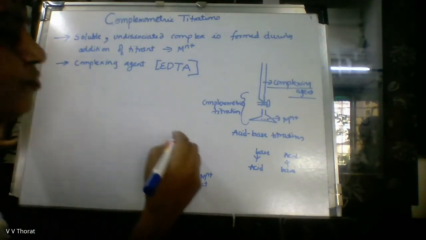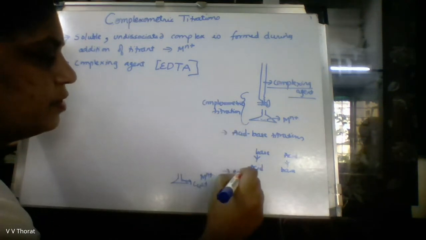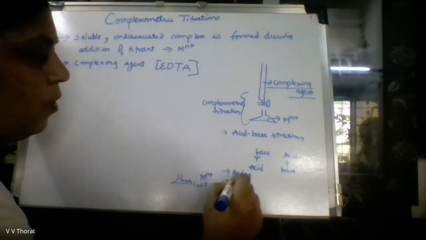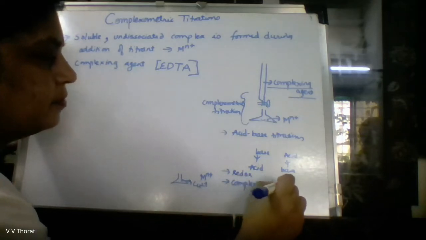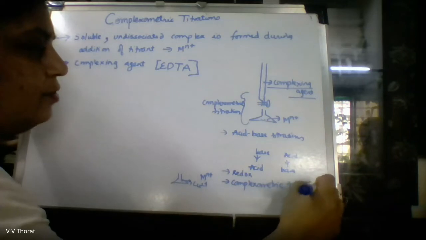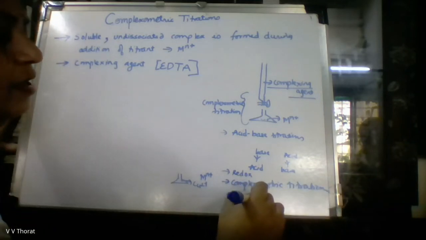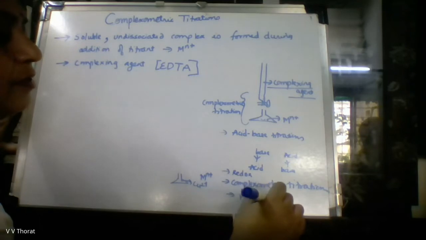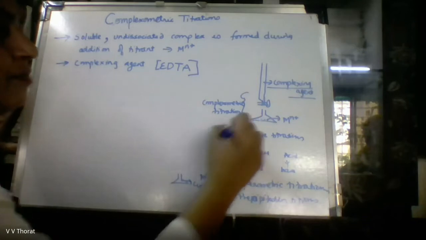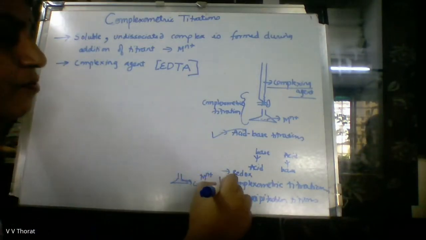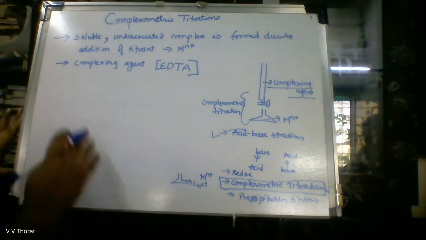You have studied four types of titration: acid-base titration, redox titrations, complexometric titrations, and precipitation titrations. In the last class, we studied acid-base. Now we will be studying complexometric titration, right?